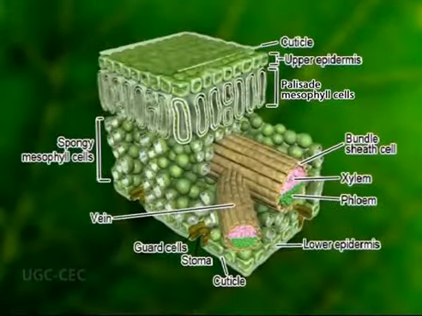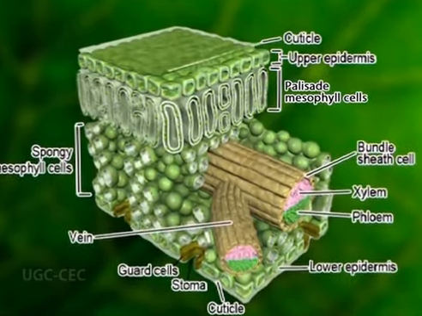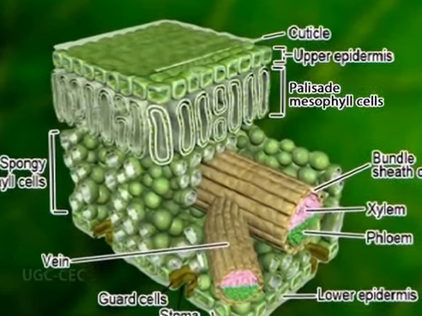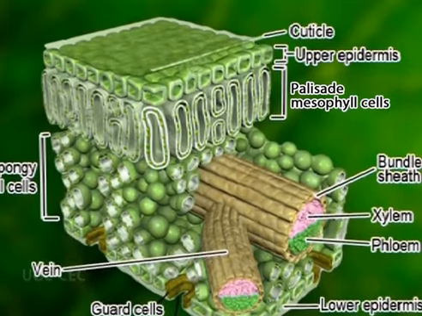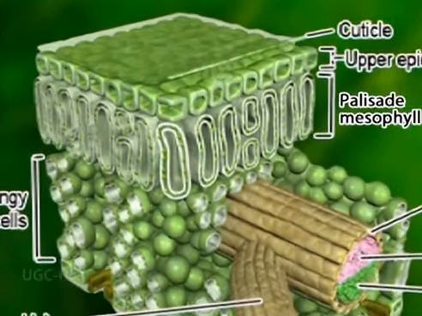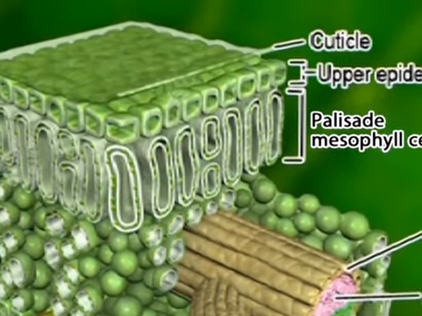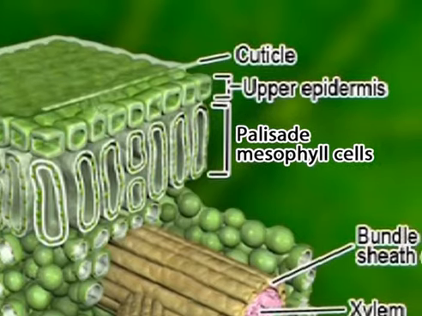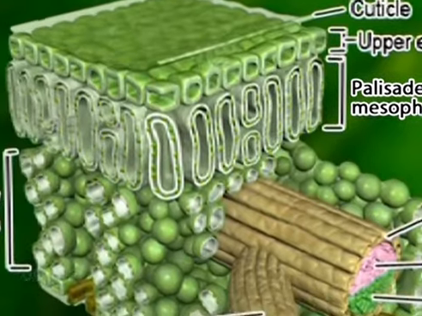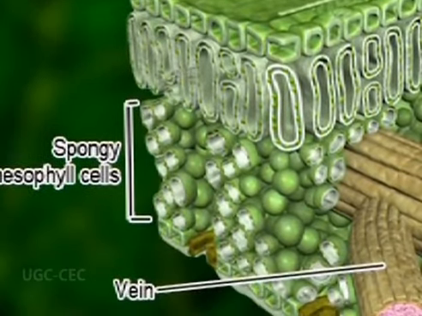The palisade cells lie in parallel direction with each other and contain abundant chloroplast with little intercellular spaces in between them. Thus, palisade cells are more or less compactly arranged. The cells of the spongy tissue are oval and are loosely arranged.